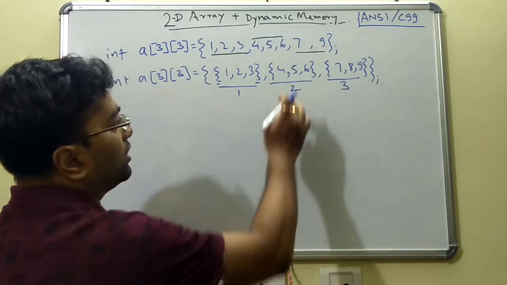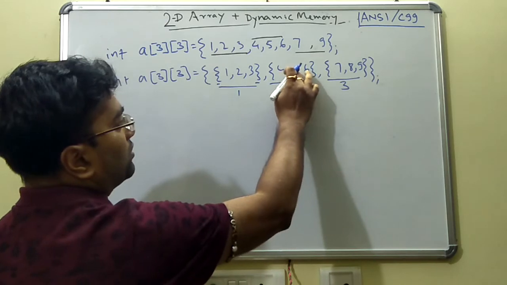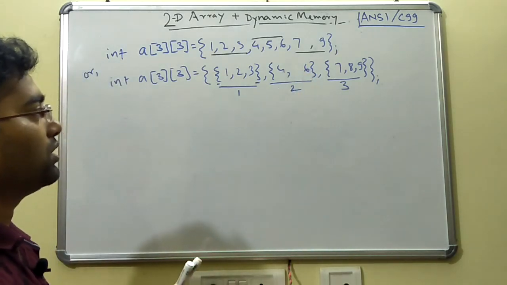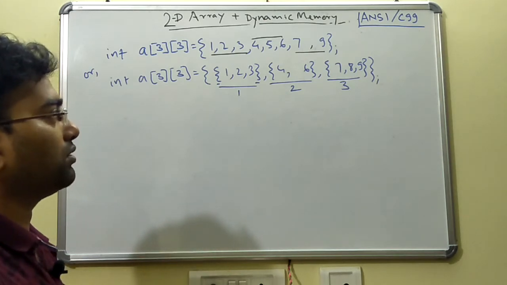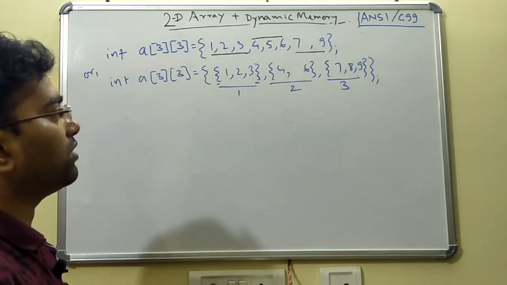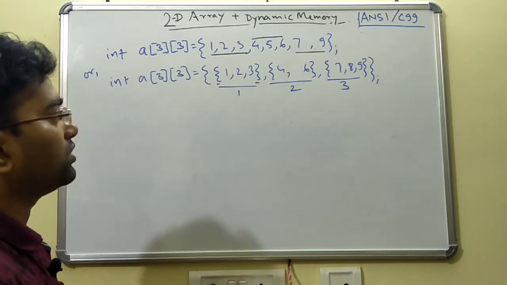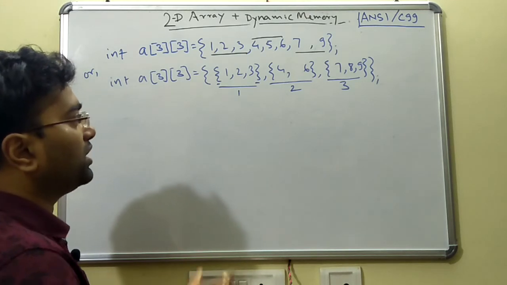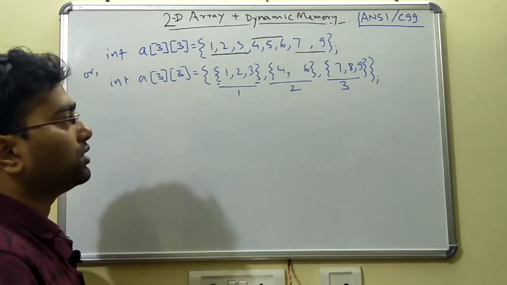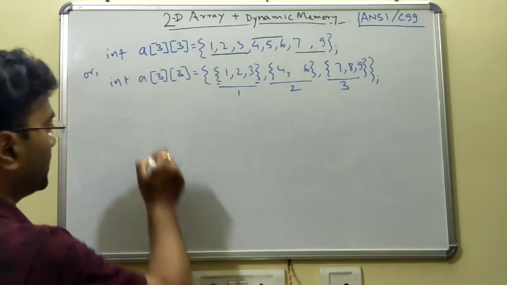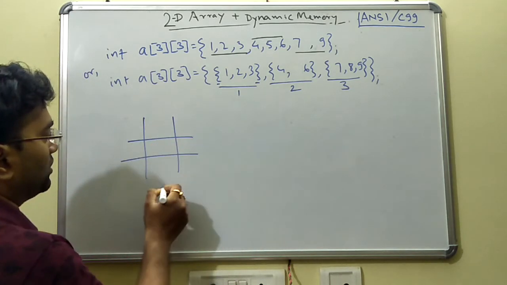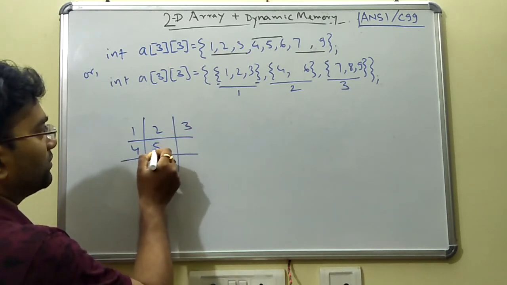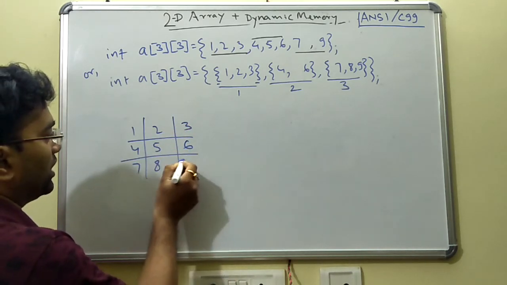Now suppose again you somehow miss and do not give 3 elements, instead you have given only 2 elements. Then in case of the second row, the third element will be missing. If you imagine this is your array A, so this is 1 2, this is 3, this is 4, this is 5, this is 6, 7 8 and 9.